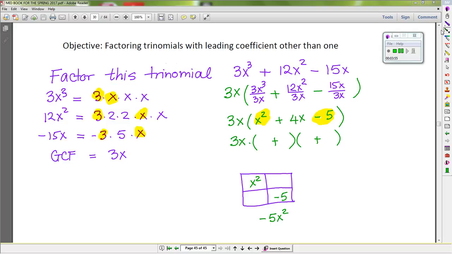I'm going to find the factors of these two numbers so that when we multiply, it will give us negative 5x squared, but when we add them up, it will give us 4x. So x squared is x times x.